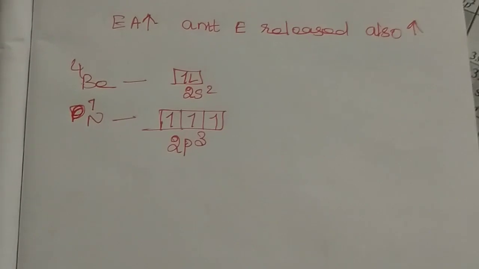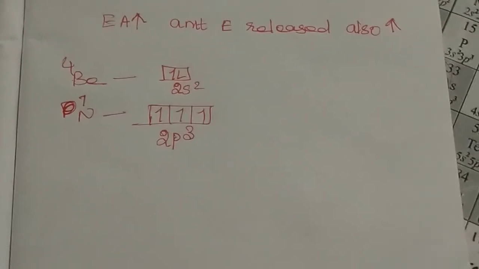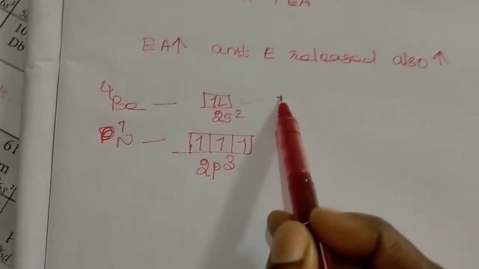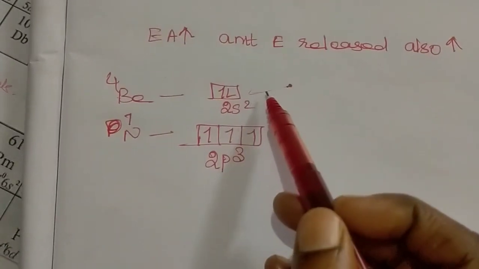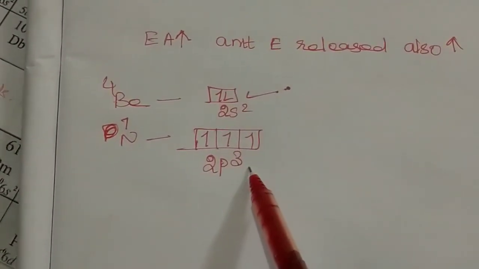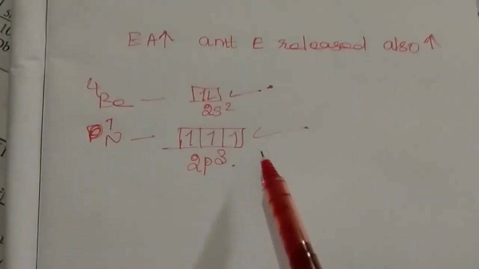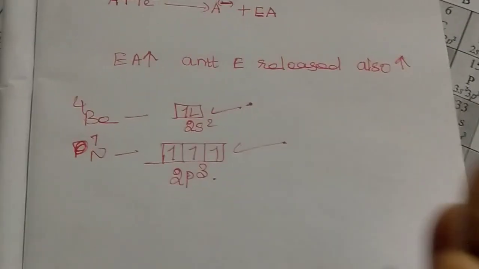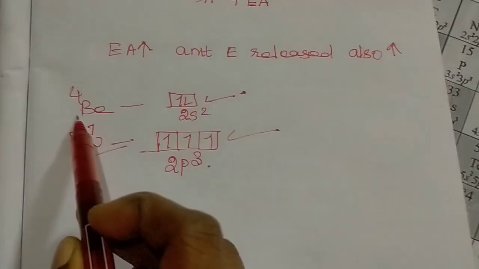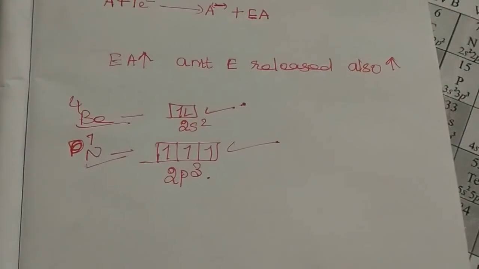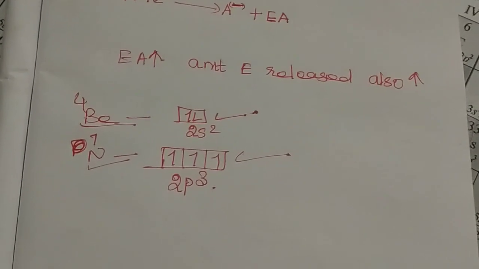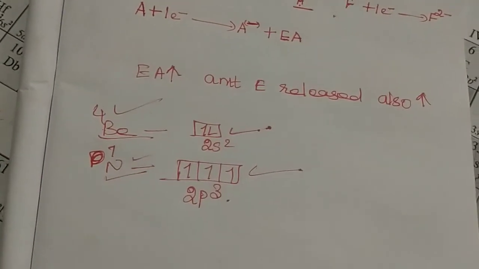In beryllium, the electronic configuration is 1s2 2s2. 2s2 is the valence shell, completely filled, so this is stable and symmetrical. Nitrogen has a half filled, symmetrical orbital. Because of this stability, the addition of an extra electron will disturb the stability of these two elements in the second period. So we have almost zero affinity for beryllium and nitrogen.